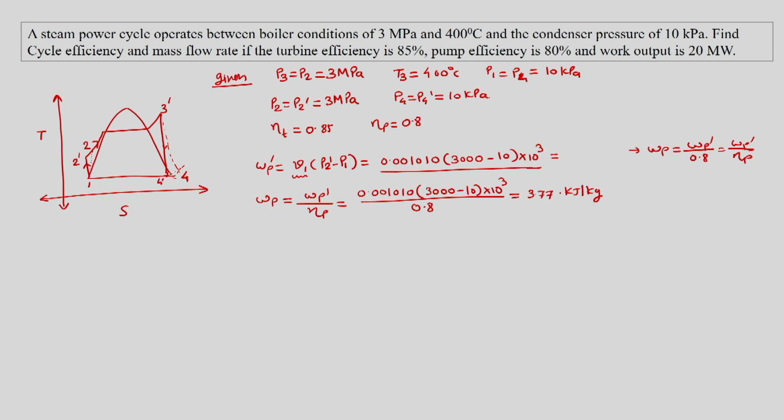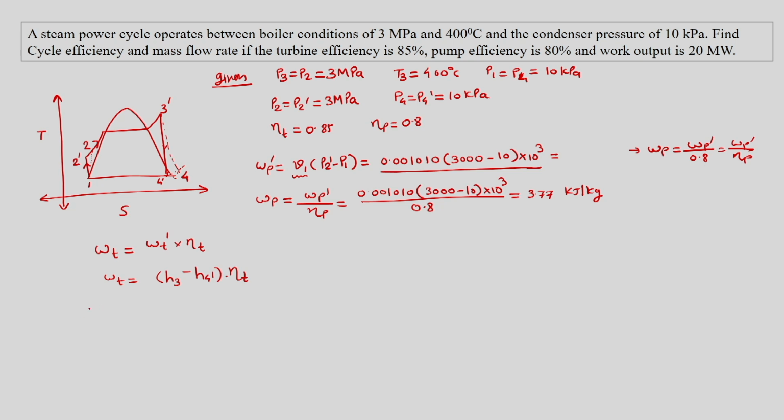Now we can find out the turbine work. Similarly, the real turbine work is equal to the ideal turbine work into the turbine efficiency. The ideal turbine work is H3 minus H4', into the turbine efficiency.